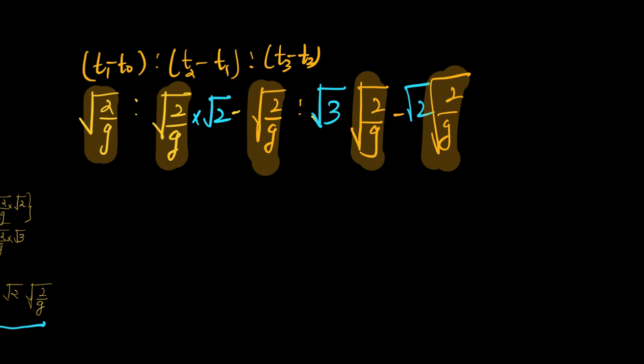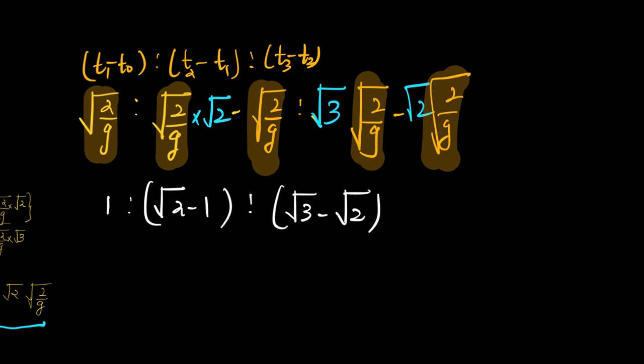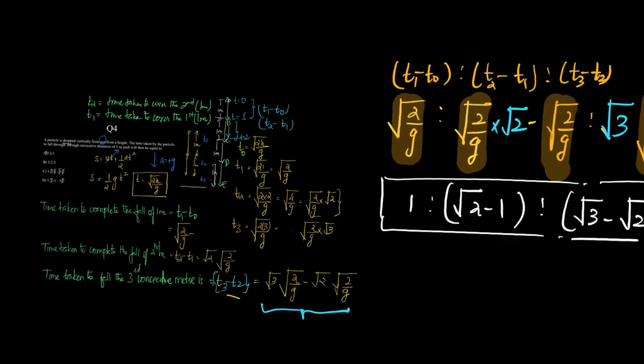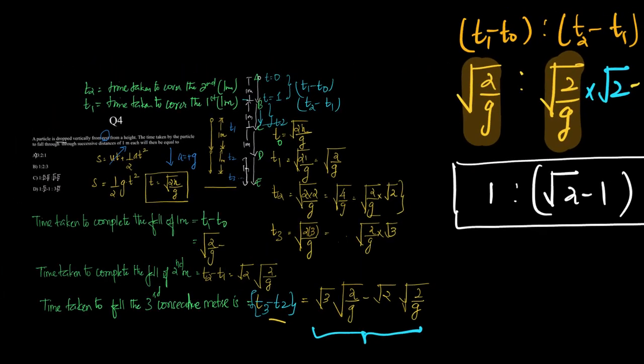So what we get is 1 is to root 2 minus 1 is to root 3 minus root 2 is the required ratio, which marks our answer as option C. Option C.